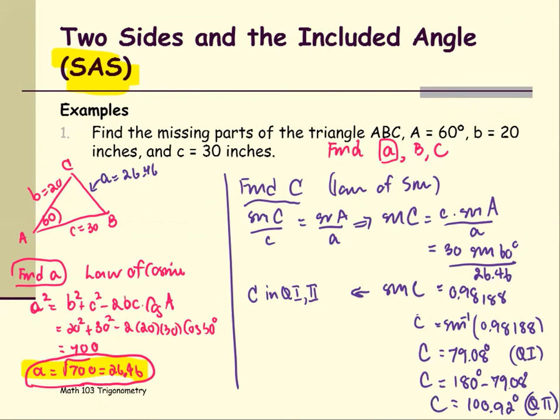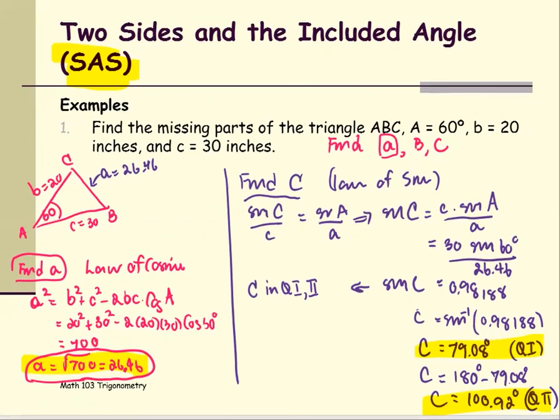So right now we have two possible C angles. For each one, we can find angle B using the relationship that all three angles of the triangle add up to 180 degrees.